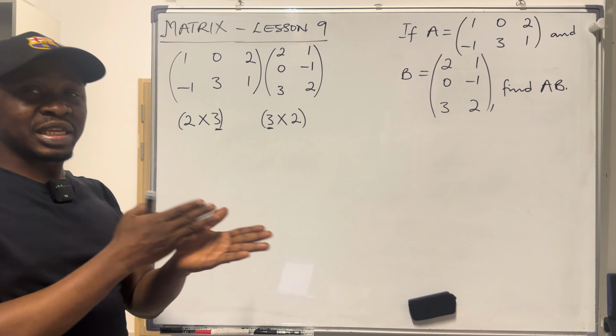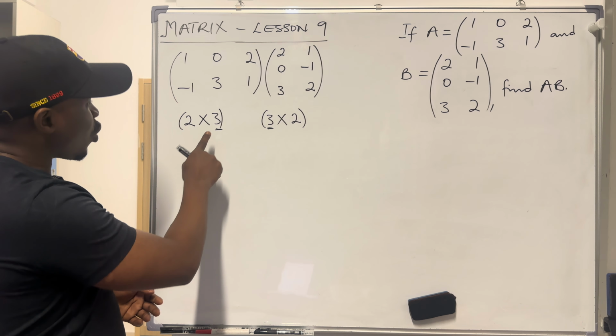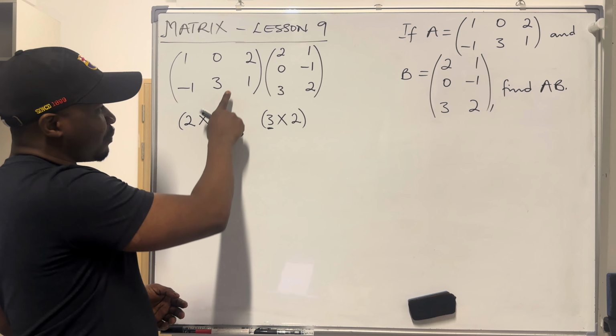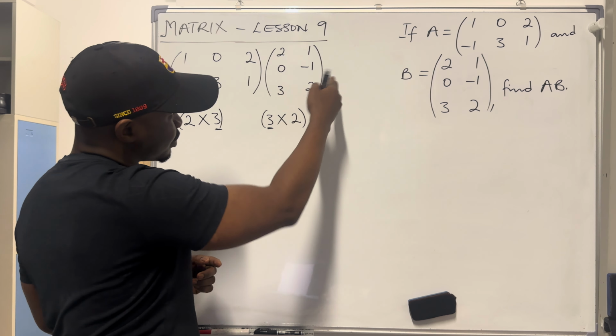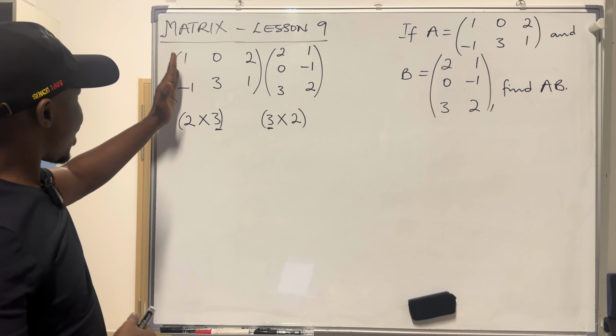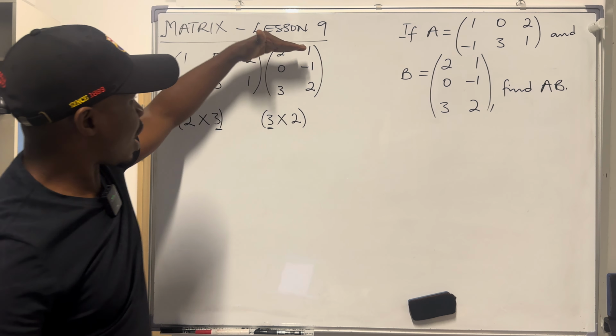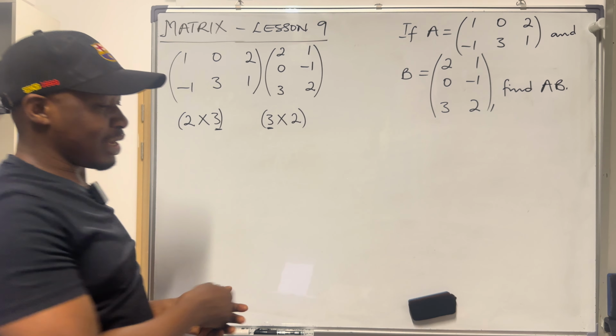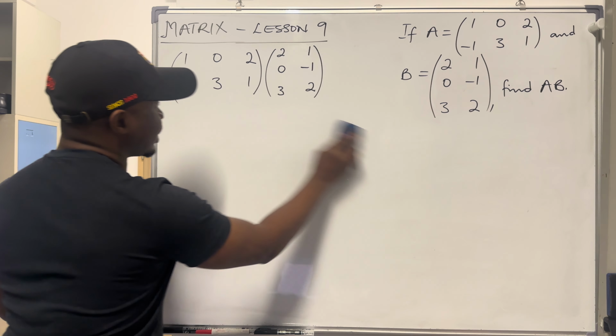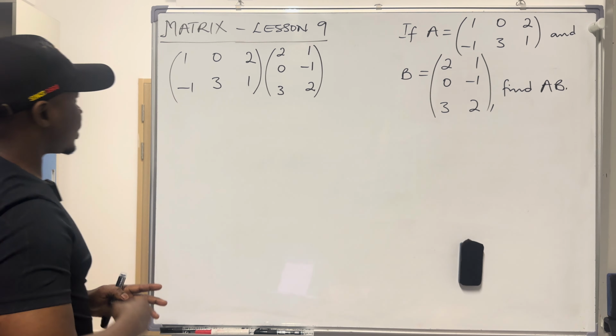It has to be in this way: the number of columns in the first matrix has to be equal to the number of rows in the second matrix. So 3 columns, 3 rows. I hope it is clear. We can multiply them. Now let's see how we multiply.